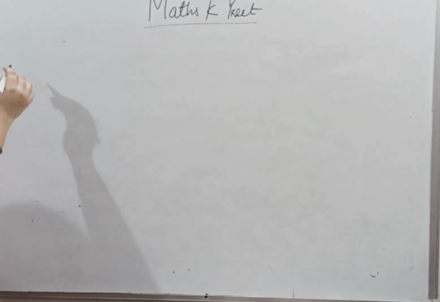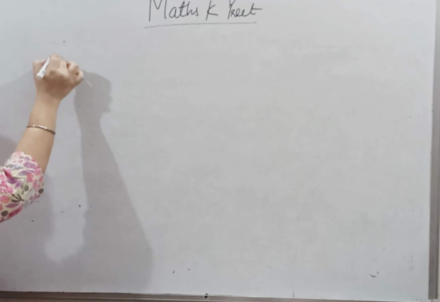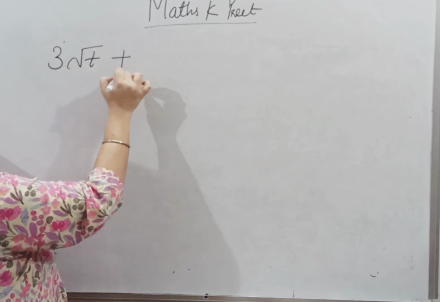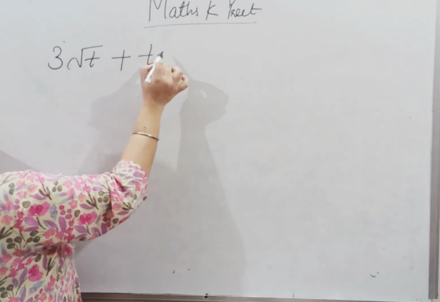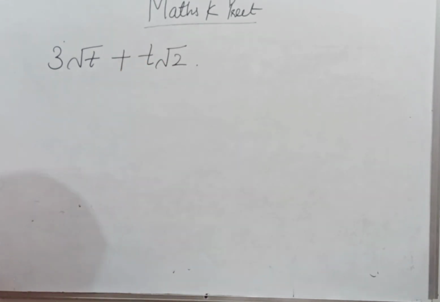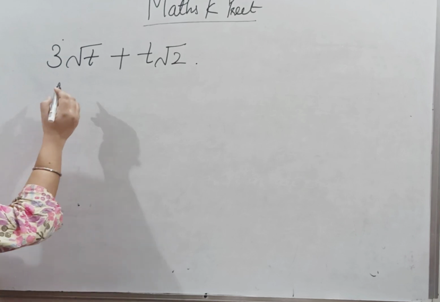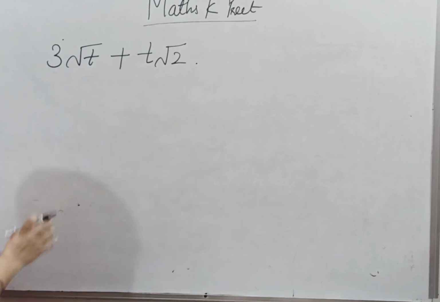So if I have this expression, say root t plus t root 2, check whether this is an algebraic expression. Yes, it is. It has a finite number of terms, finite 2 terms. Let's check the power. Variable is what here? t.